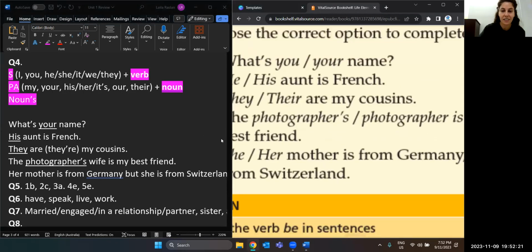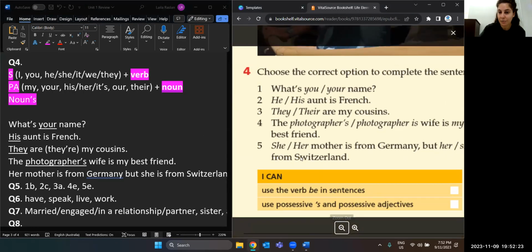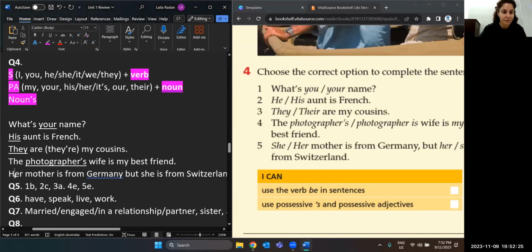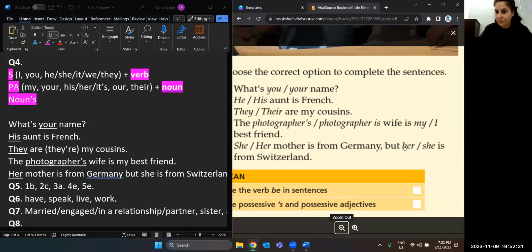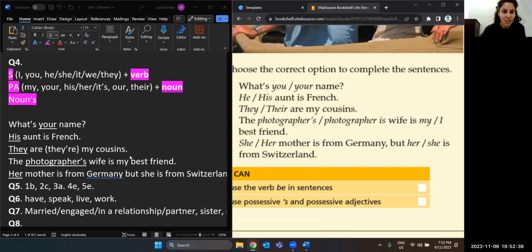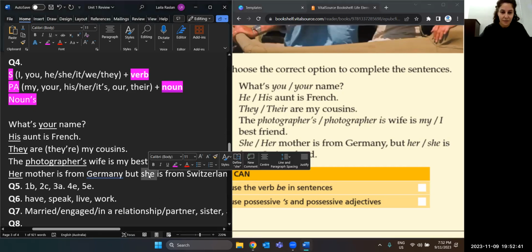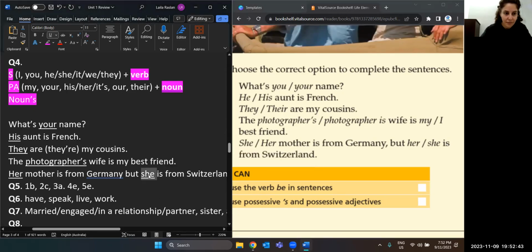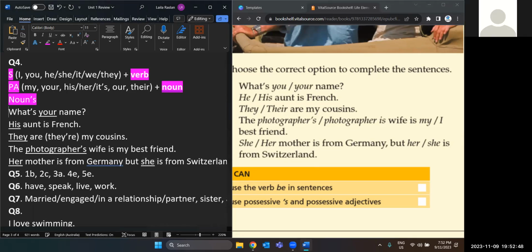Because mother is a noun, we need to say her mother. Her mother is from Germany, but yes, Switzerland. The reason it's she is because the next word is a verb. Yes, she is from Switzerland. Sorry, teacher.